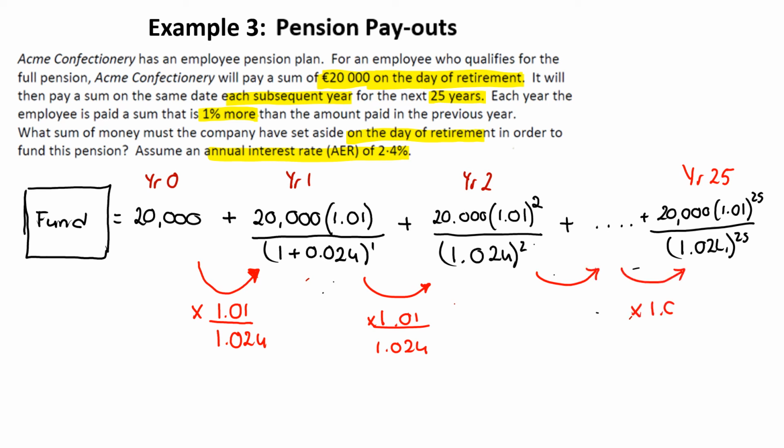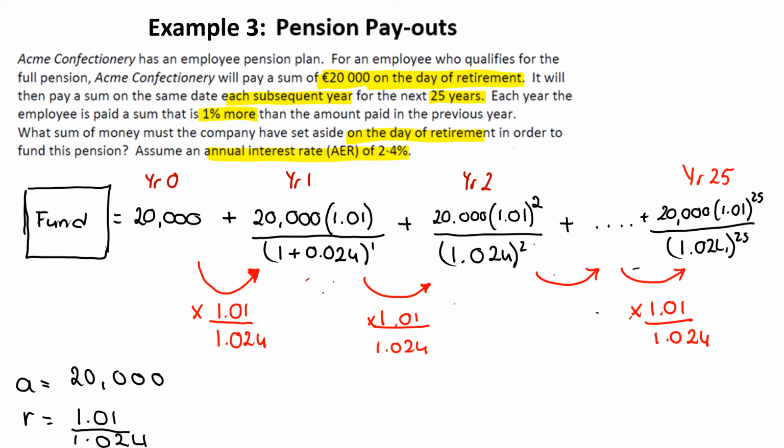So that 1.01 over 1.024, that is our r. So remember, there's two things we need. We need a, which is the start, so that's 20,000, and we need r, the common ratio, which is 1.01 all over 1.024. This time we're going to go straight into the formula.